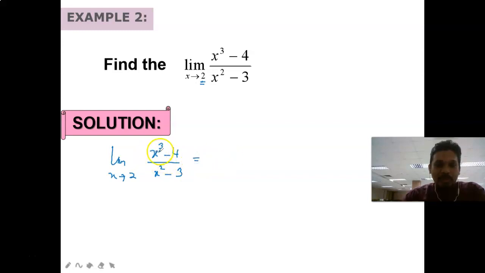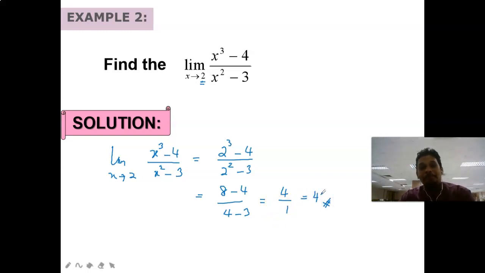Substitute x equal to 2: 2 cubed minus 4 divided by 2 squared minus 3. 2 cubed equals 8 minus 4, divided by 2 squared equals 4 minus 3, so 4 divided by 1 equals 4. So it is not 0 here. The denominator is not equal to 0, so we can directly substitute the value of x into the function.